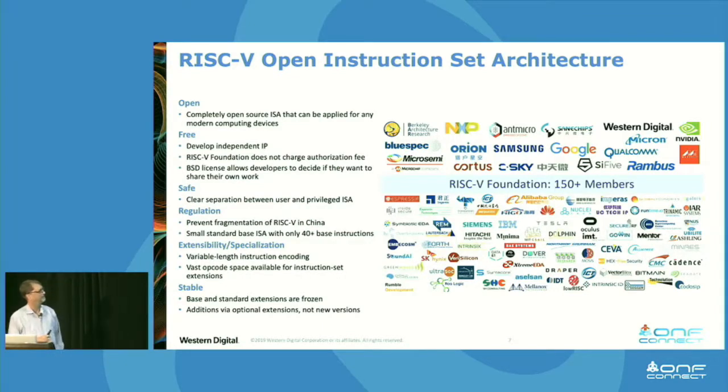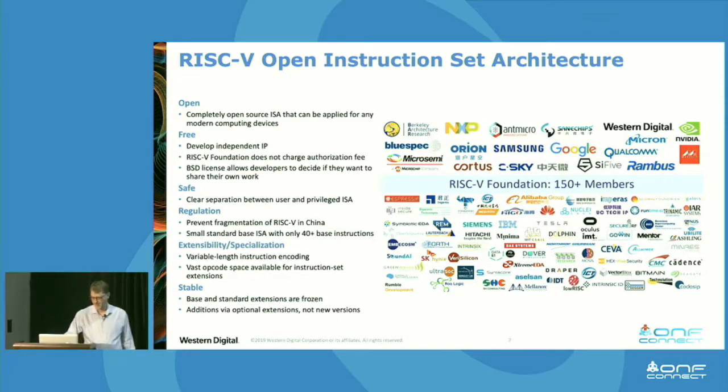But the instruction set architecture essentially is the set of machine instructions that a core can execute. So you think of it as the load, the store, the add, the multiply, etc. All of these basic instructions that a CPU or a core can execute are defined by the instruction set architecture. RISC-V is a new instruction set architecture that is open to everybody.